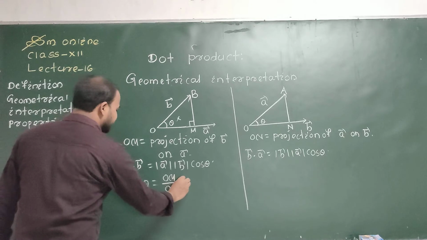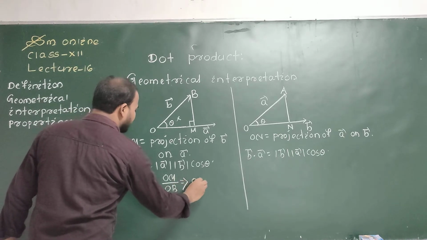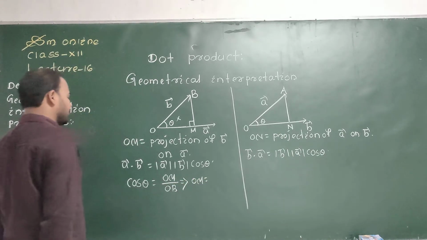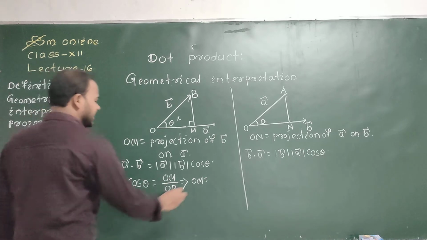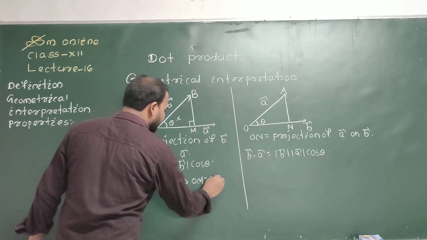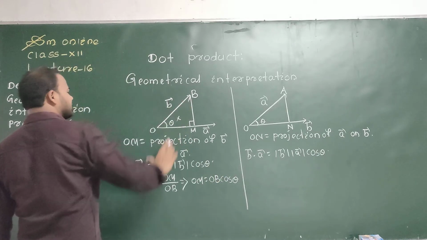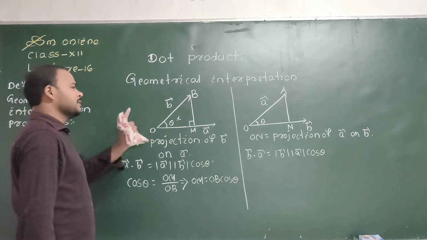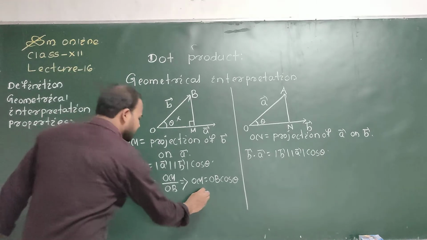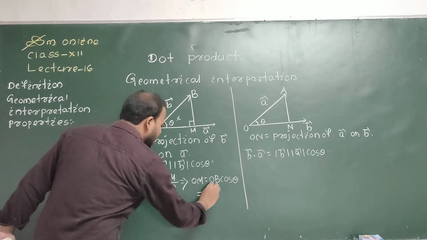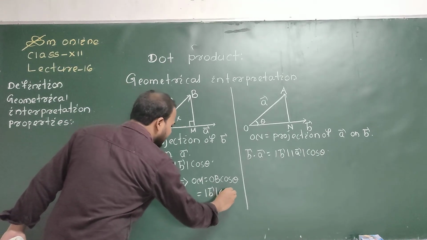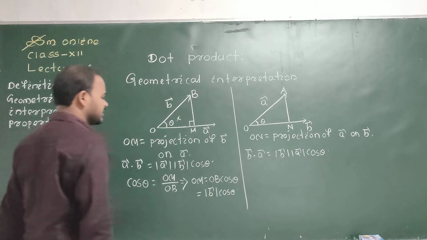Clear? Which implies that the value of OM is OB cos theta, and OB, the length of OB, is the magnitude of vector B. So OM equals magnitude of vector B times cos theta.